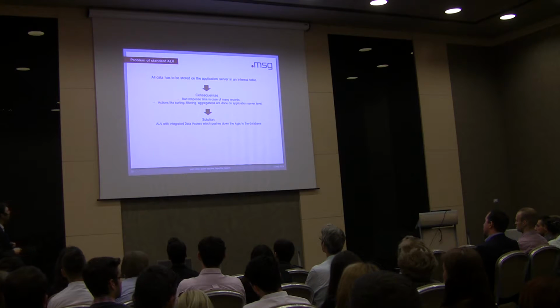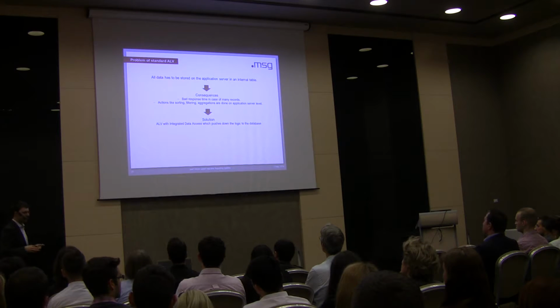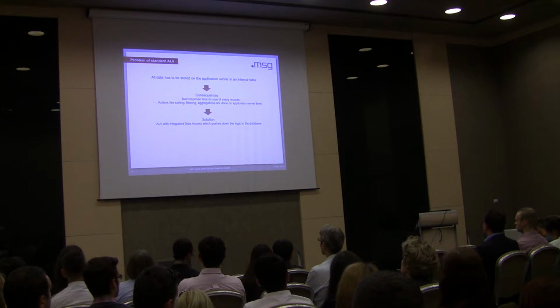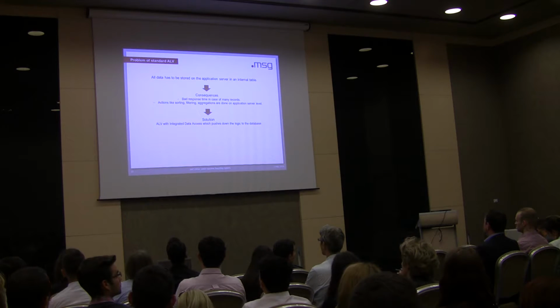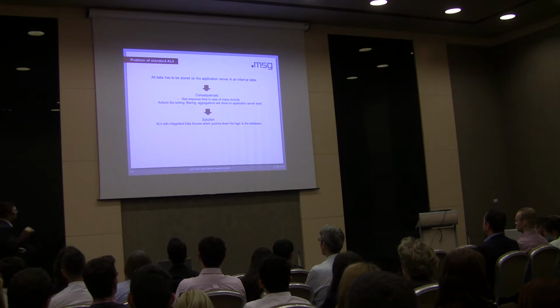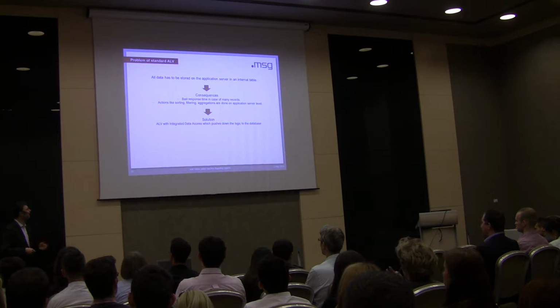A possible solution is the new ALV control with the integrated data access, because that control really benefits from the new HANA technologies, and it pushes everything down to the database level.